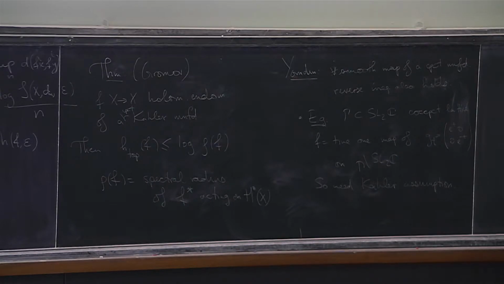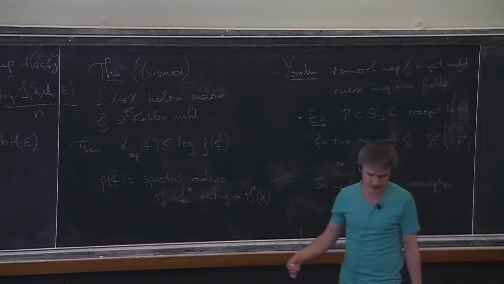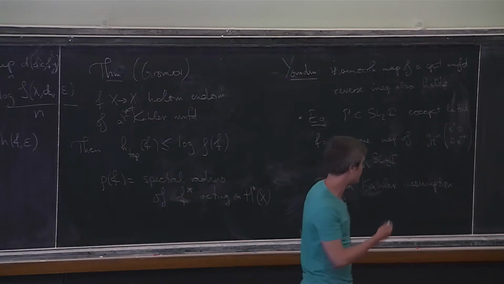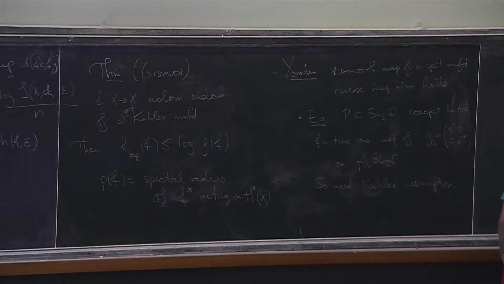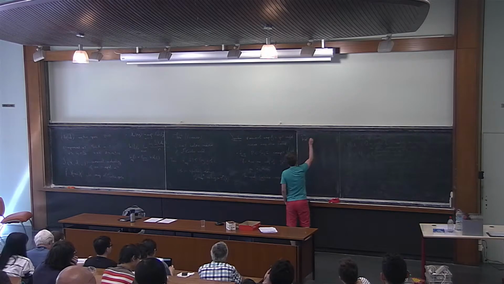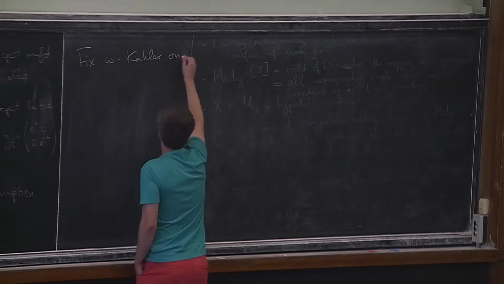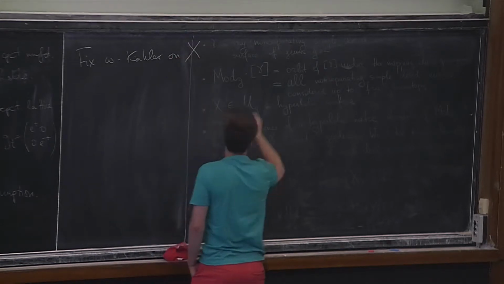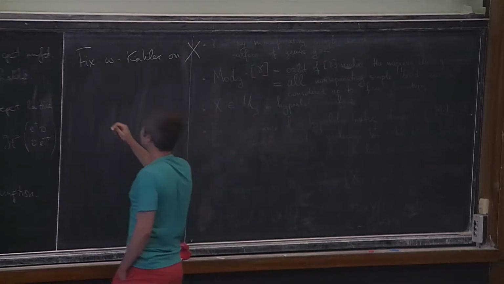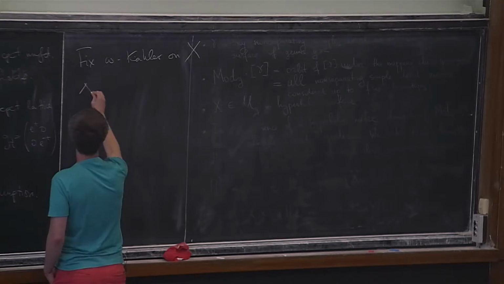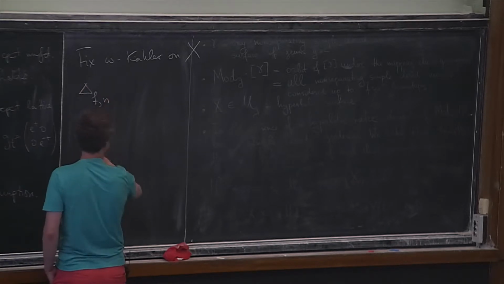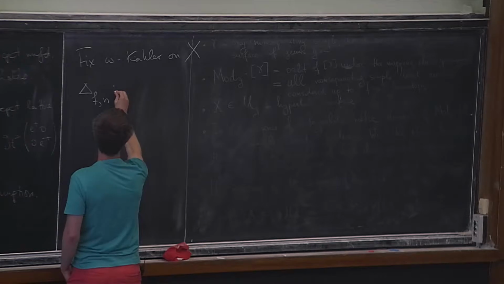So the proof of Gromov's theorem has two ingredients, but I need first a little bit of notation. So we fix a Kähler metric omega on X, and we'll consider the following map. The notation is not standard, but I don't think there is standard notation for these objects.